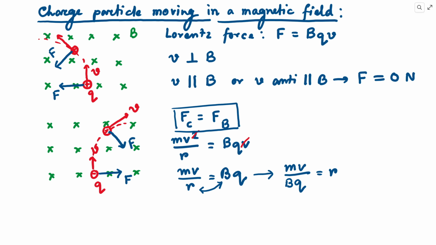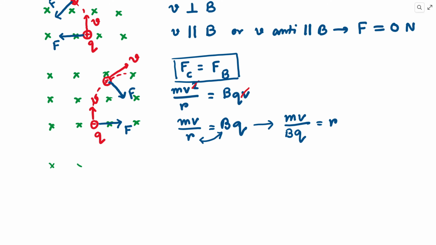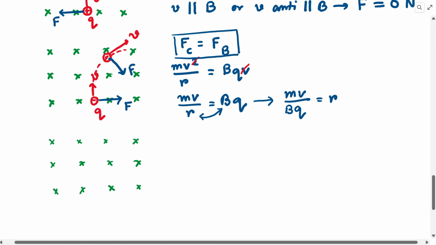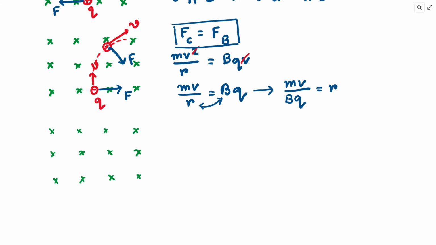Another important application of a charged particle moving in a magnetic field is a mass spectrometer. So, if we take the same magnetic field, a uniform magnetic field set up by some magnets, and then you fire a bunch of different isotopes of the same element, but they're all ionized, so they all have the same charge.